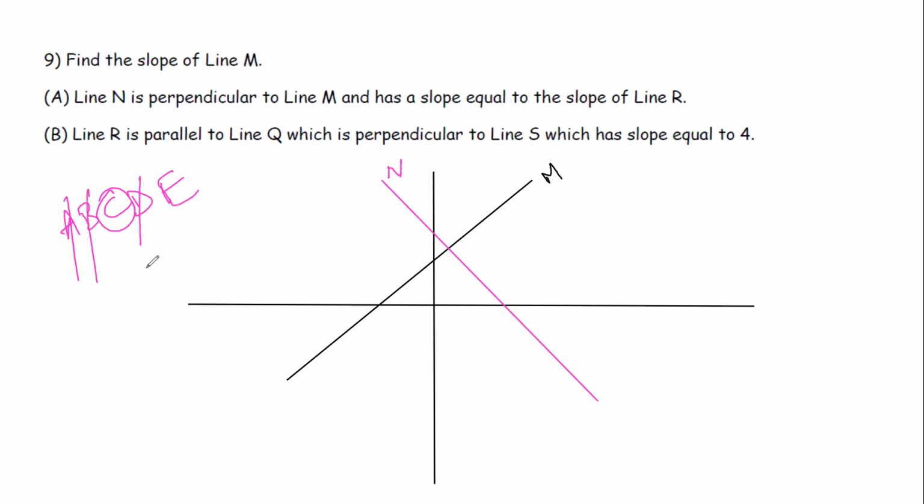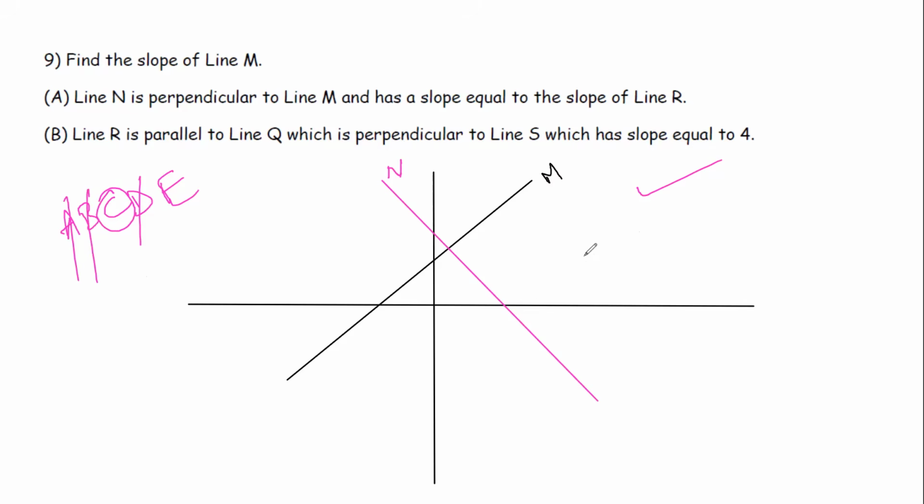But when we take both together, this is from statement A. Now when we add statement B to it, that is line R is parallel to line Q, which is perpendicular to line S, which has a slope equal to 4.